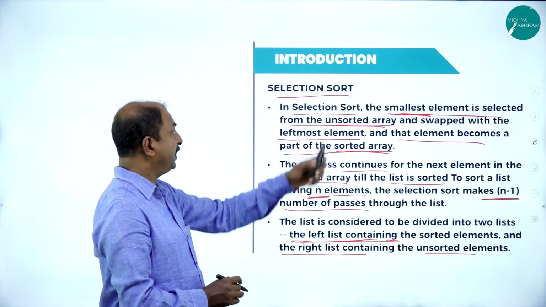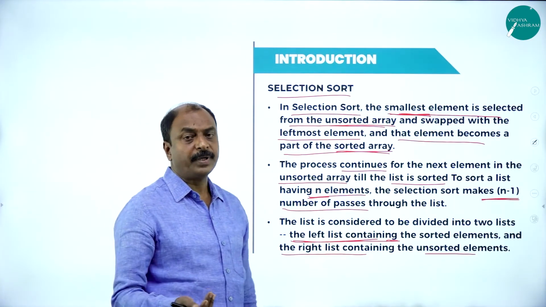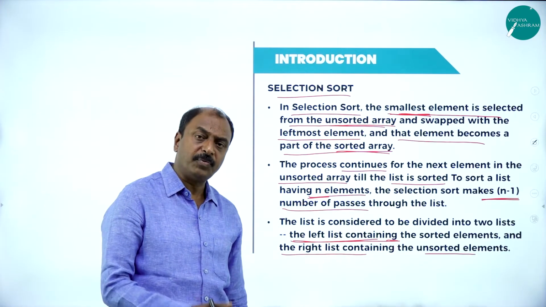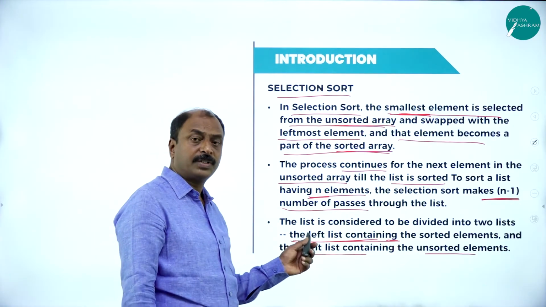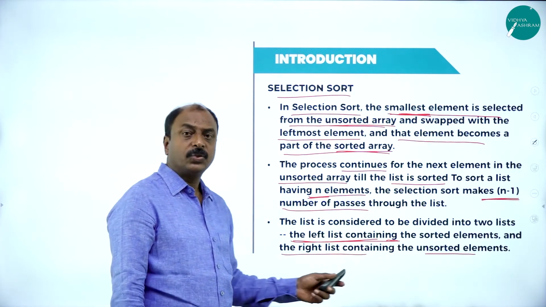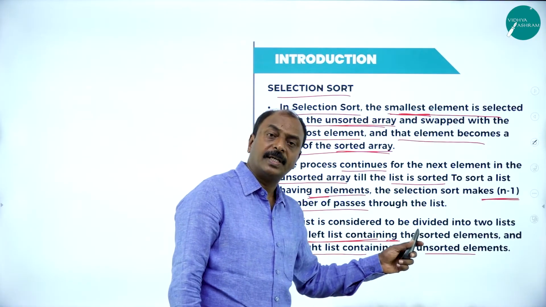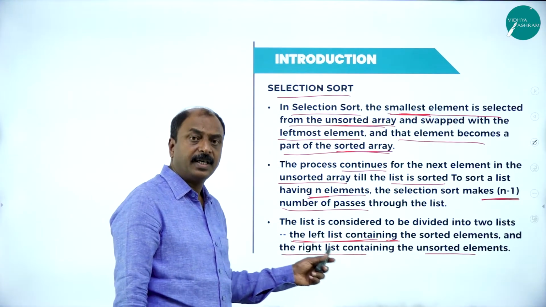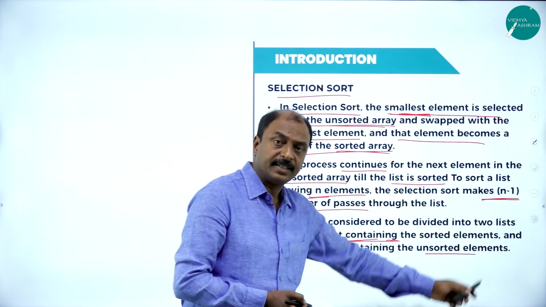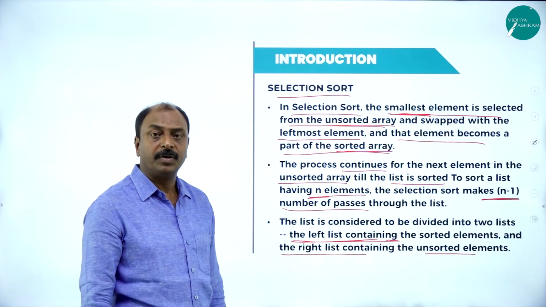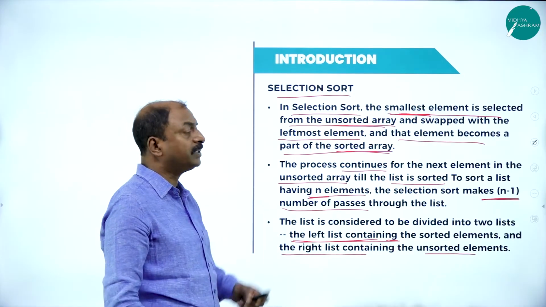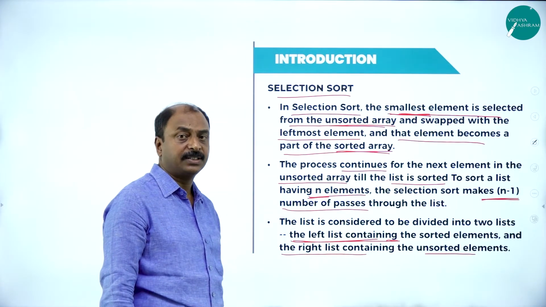So in general in selection sort, the first step is we find the smallest element, and the smallest element is swapped with the first position of the given list, that is on the left hand side. During the process, the smallest elements keep on adding at the left side and it becomes the sorted list, and the right hand side is the unsorted list. So this is the process or the algorithm for selection sort.